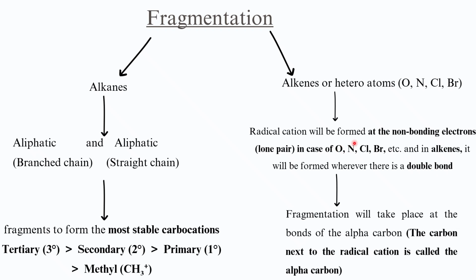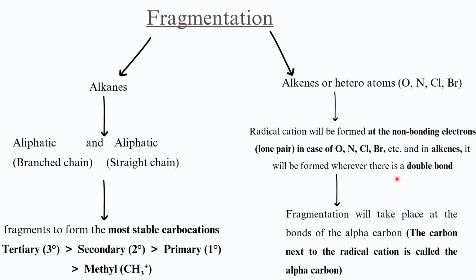And if you have any heteroatom present, they have lone pairs, which are nothing but the non-bonding electrons. Hence, I will ionize the lone pair of these heteroatoms. So remember these points. And lastly, once we have ionized them, we will carry out the fragmentation. And always remember, in case of alkenes and heteroatoms, we always follow alpha fission. I will explain this in detail in further slides, so don't worry.